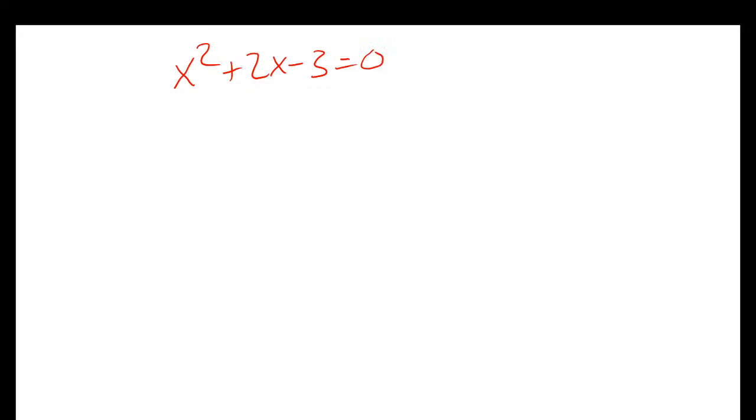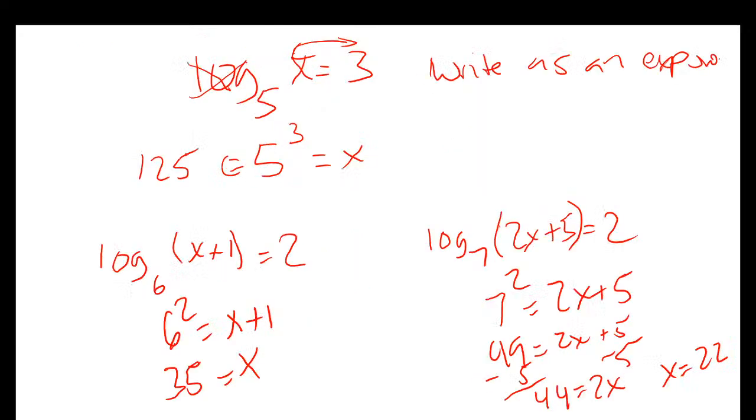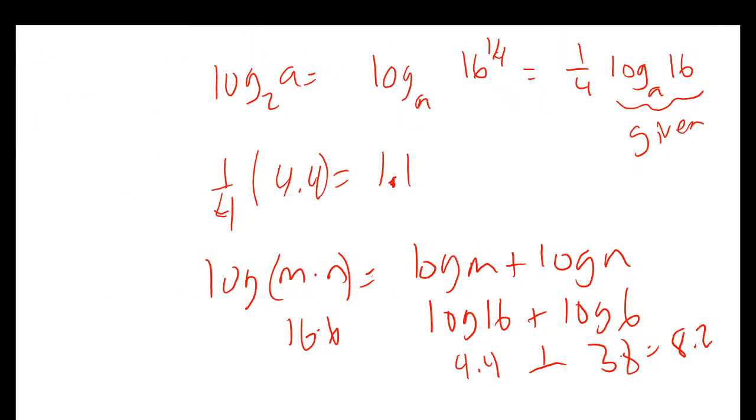Let me pause here before I continue on. I want to make sure everybody understands what we just did. We used the properties. Now remember the property said that log m plus log n could be written as log m times n.